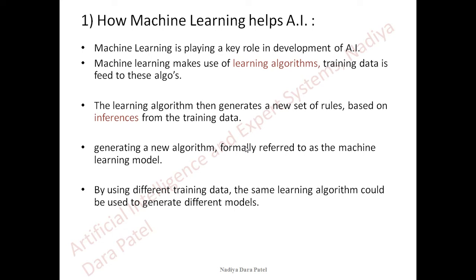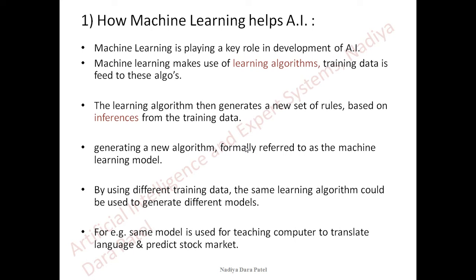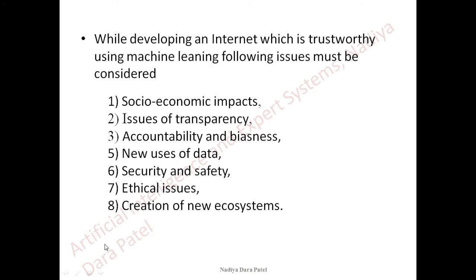These conclusions are known as learning models. They are so capable and strong that you can use the same model for teaching a computer to translate a language and predict the stock market. So one single model can help in two different domains. That is the capability and strength machine learning possesses.